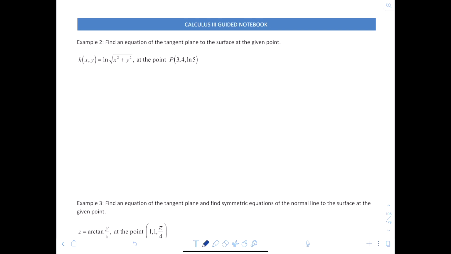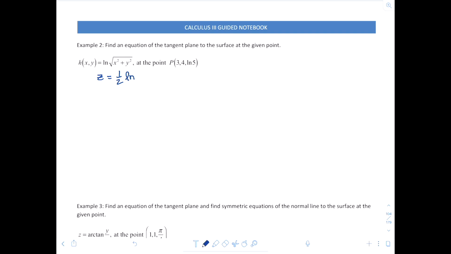So here we go. What we're going to want to do is rewrite this as z equals 1/2, I'm just using properties of logs, times natural log of the quantity x squared plus y squared. But in turn, we can write this as 0 is equal to 1/2 natural log of x squared plus y squared minus z.